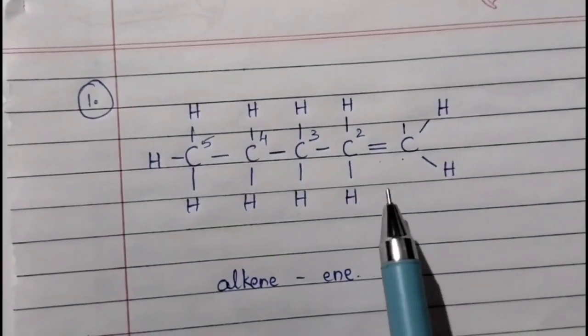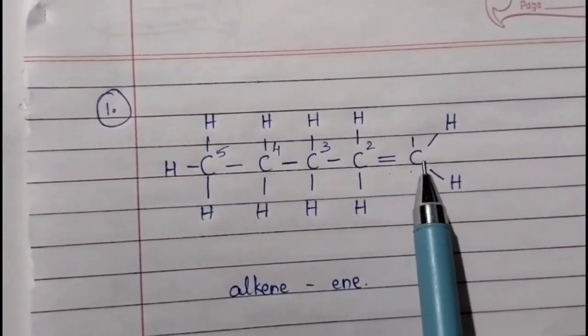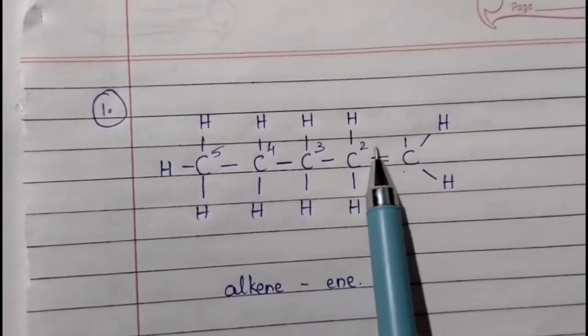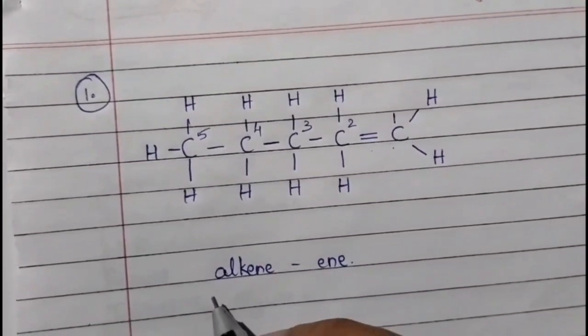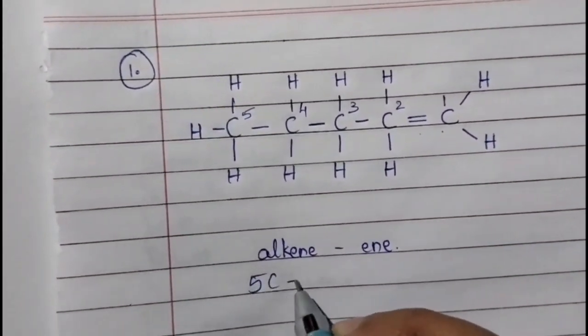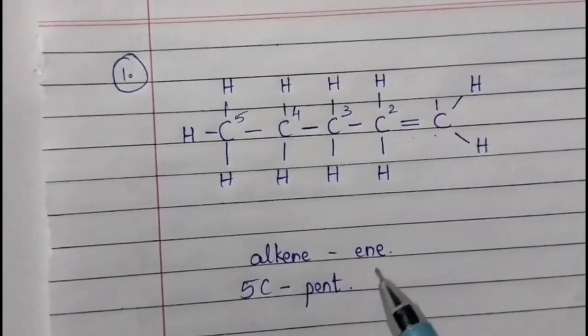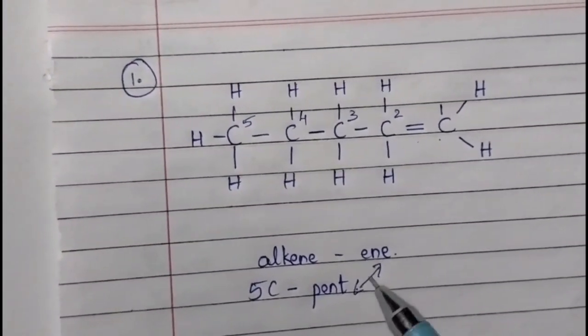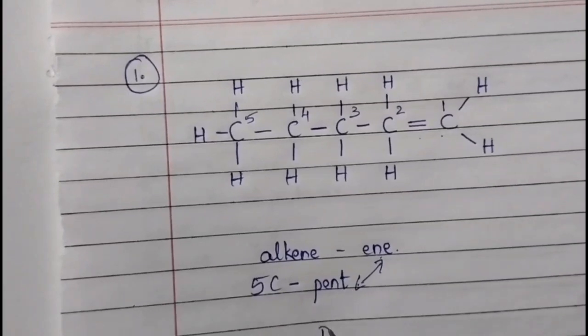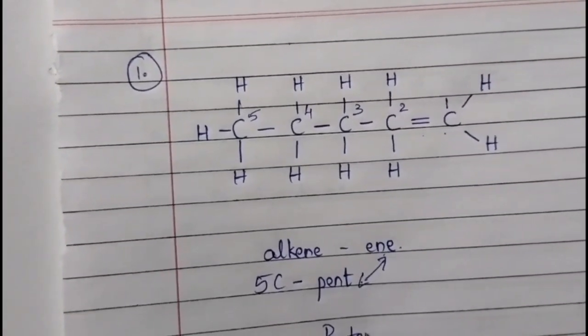So here you can see that there are 5 carbon atoms, and at the first position we have a double bond. So in the case of 5 carbon atoms, the root word used will be pent. So when you join the prefix and the suffix, you get the name as pentene.